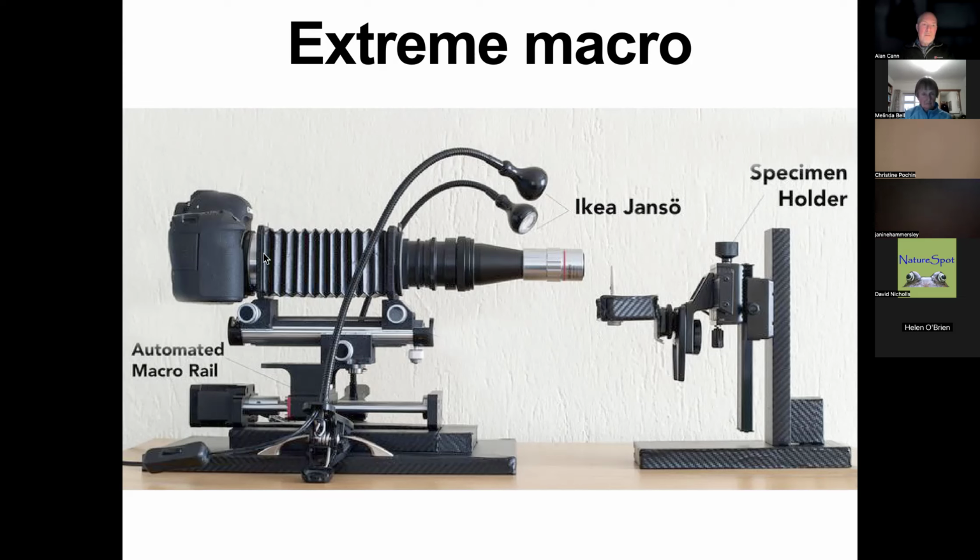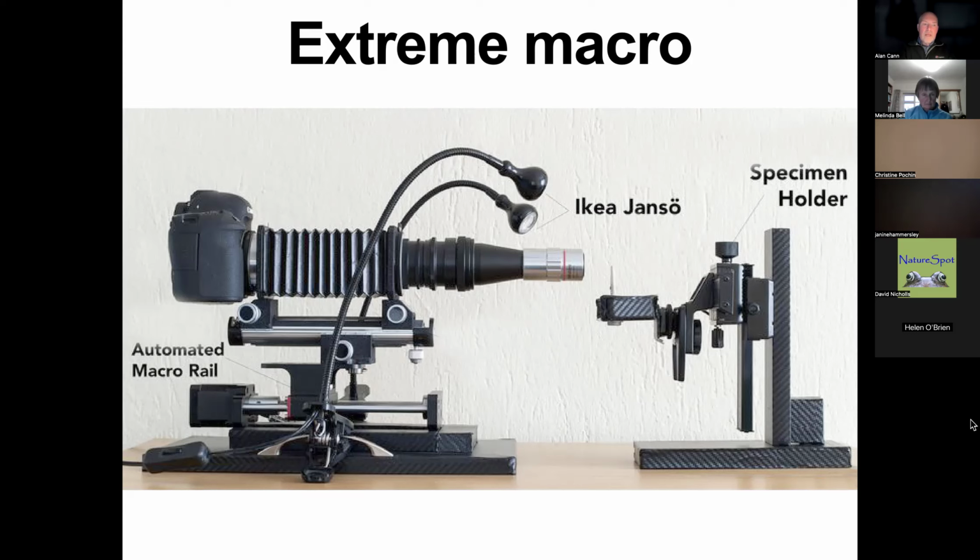But in this case, there's extending bellows and the light is captured. So the subject is here. The light is captured by the microscope lens, and then it's a long way to the camera sensor, which is back here.